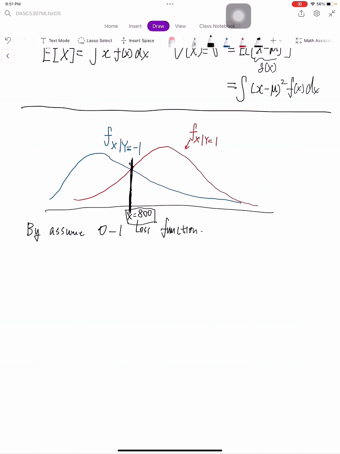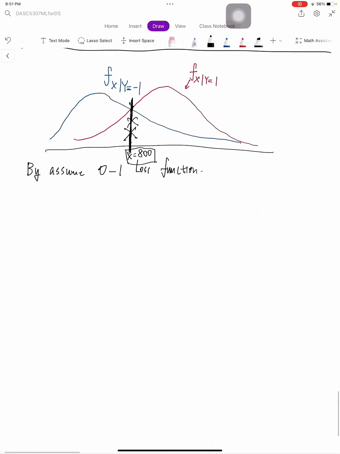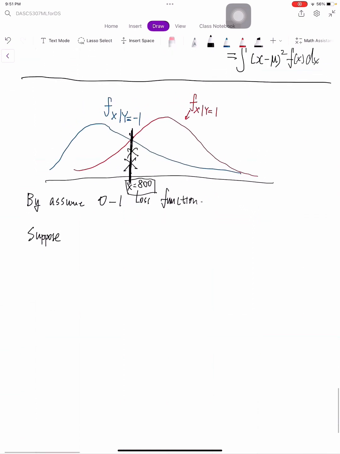Now suppose we have the prior information, so let's derive the Bayesian classifier for this case. Suppose we have the 0-1 loss, and further we assume the prior information.